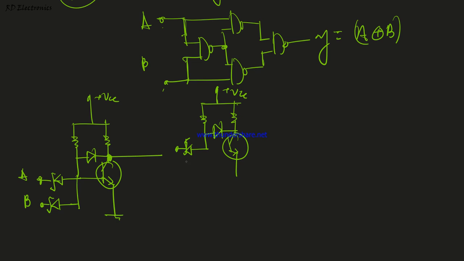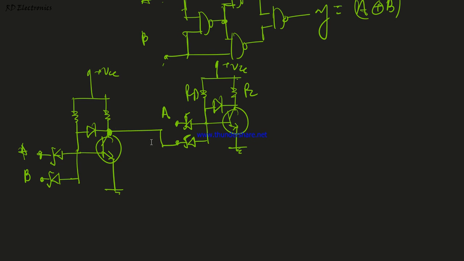This is 1 Schottky diode, and this is another Schottky diode. This is short circuited. This is RC and this is RB. So now look here. This output is connected here, and this output equals A, because A is connected to this input and this output is connected here. That means this A is internally connected to this input.